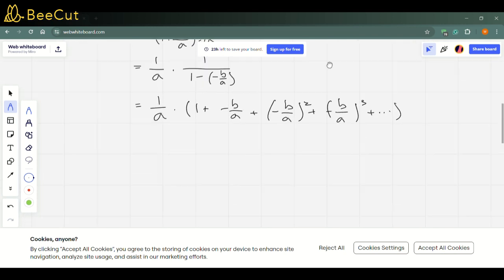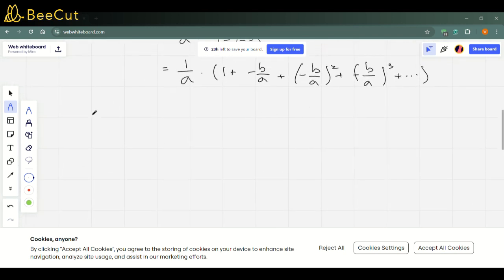Now, what if we, let's say, had (a + b) to the power of negative k? Well, all we have to do then is just write this as (a + b) to the power of negative 1, to the power of k. And then we can just substitute what we had up here.